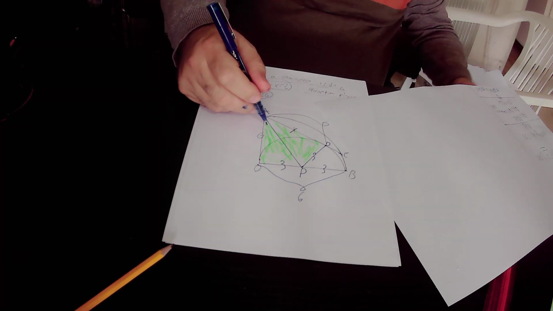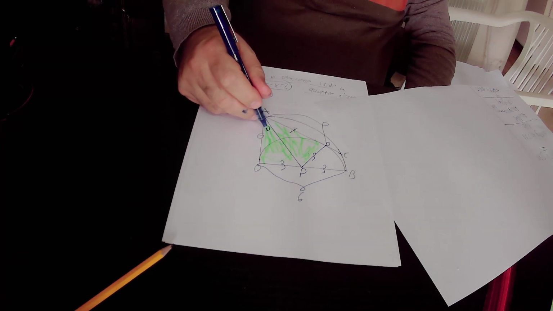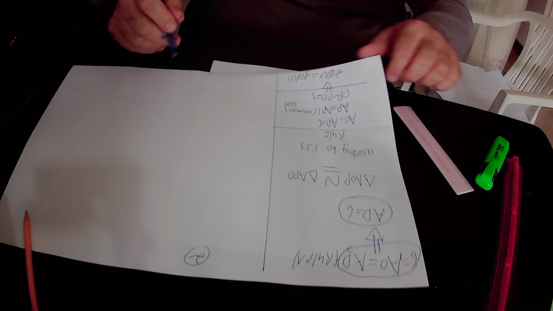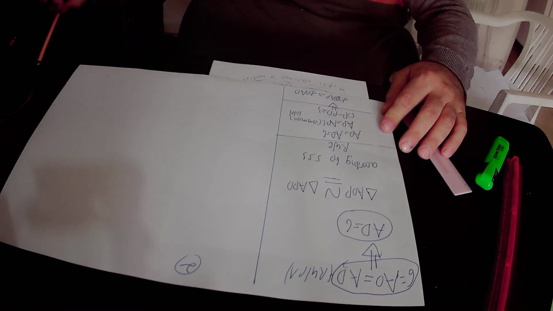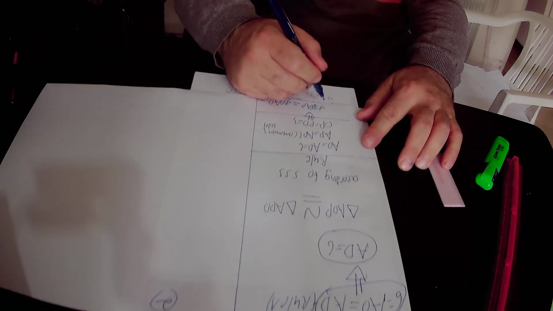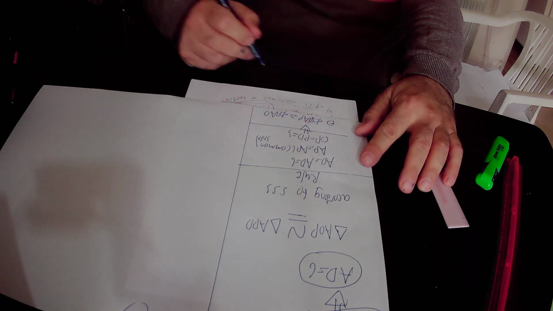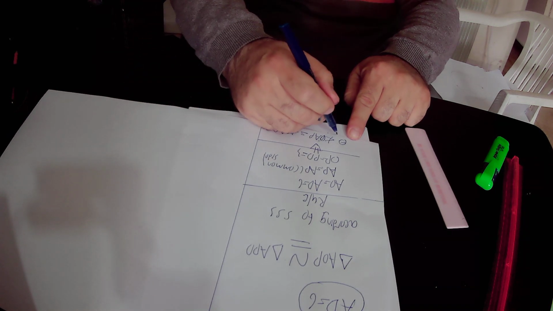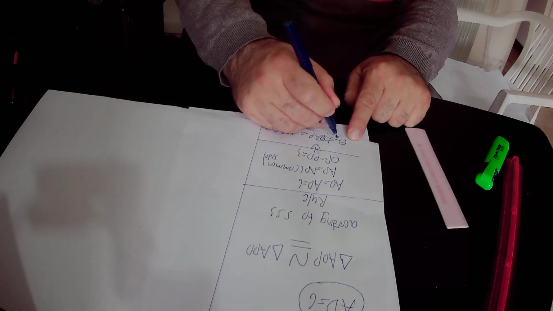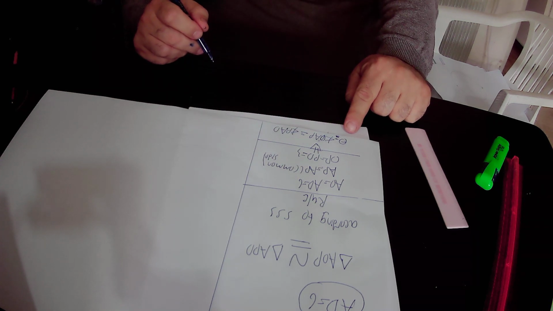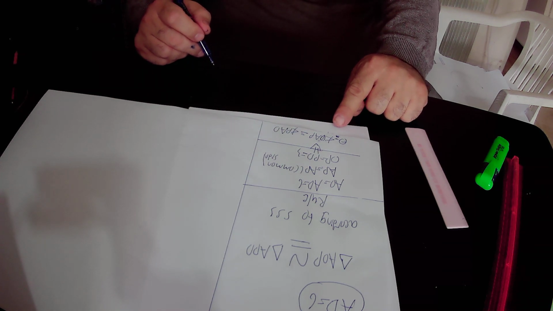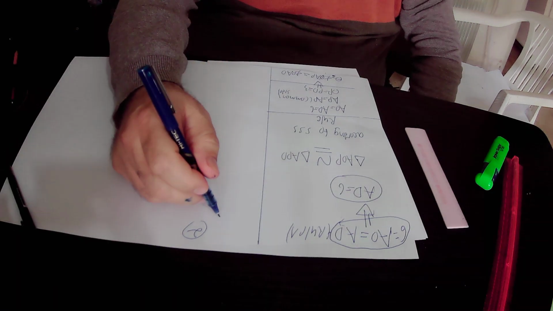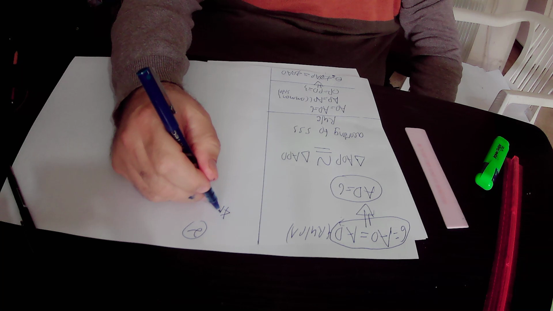And if we define angle OAP as theta, so here angle OAP equals theta according to our definition. So from this equation, theta equals angle OAP equals angle PAD, we conclude that angle PAD is also equal to theta.